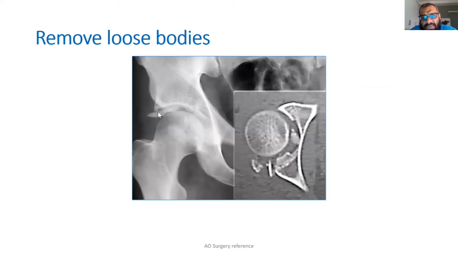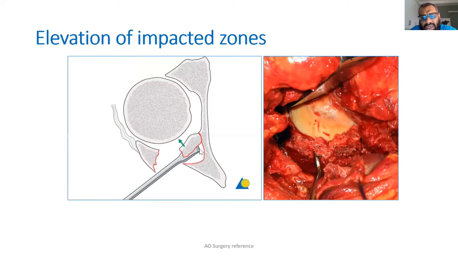That's another example of an intra-articular fragment. And then, after fixation of the column, if it is fractured, you go intra-articularly again to reduce the marginal impaction. So this fragment was here, and we elevate this fragment to be at its right position facing the femoral head.